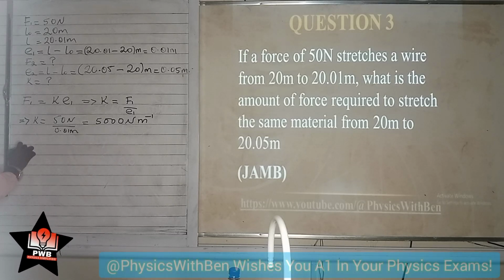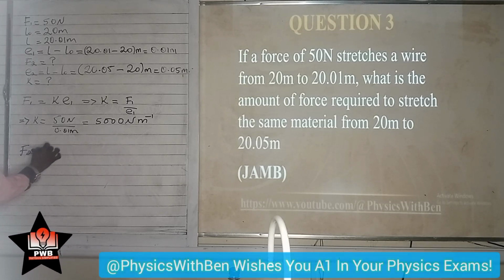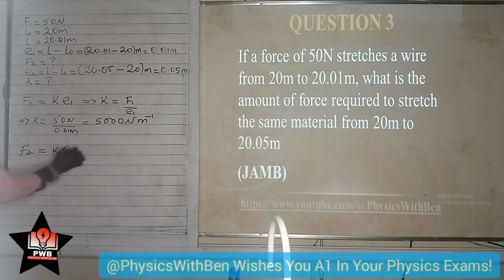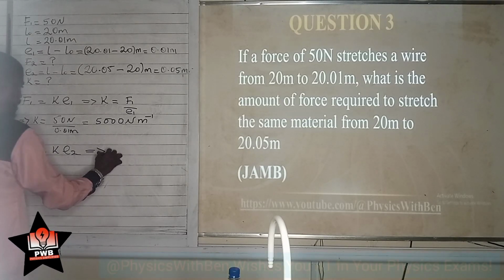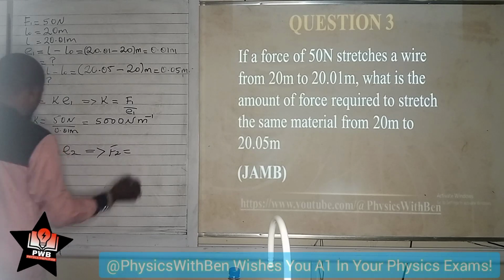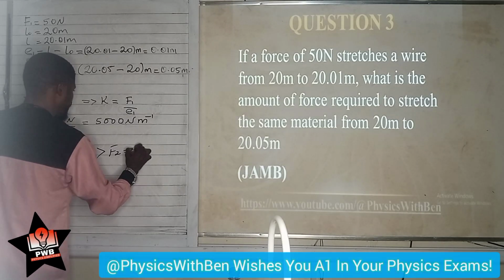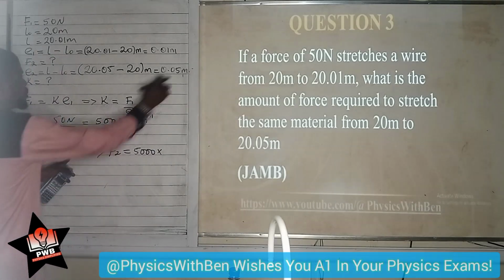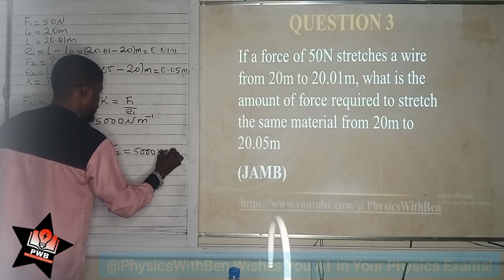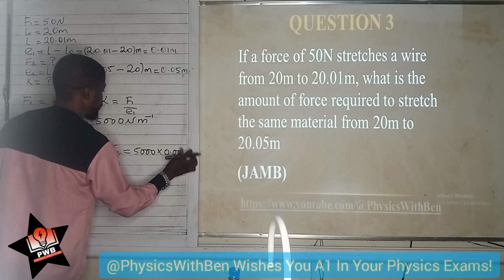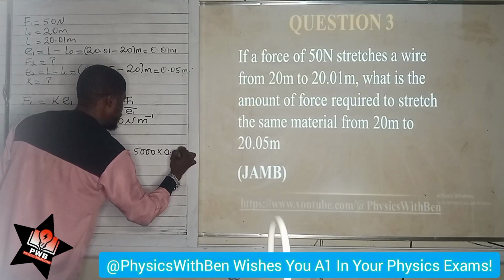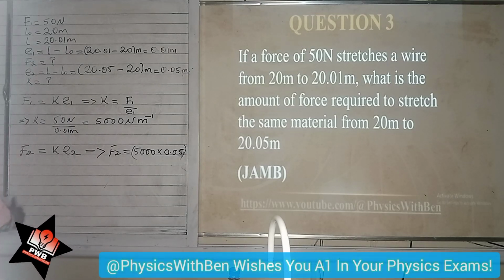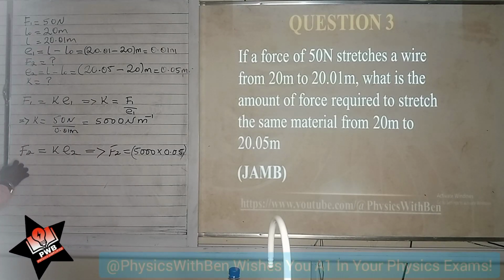So from F2 is equal to KE2, we substitute now. This implies that our F2 is equal to K, we have 5,000, our E2 is 0.05. Good. So let me put down there.